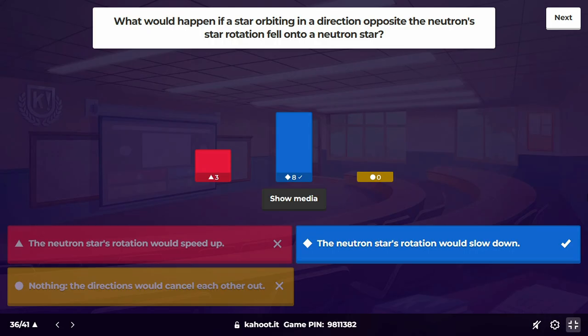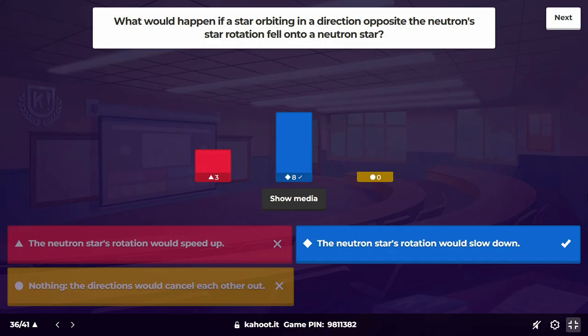So if it's going in the opposite direction as the spin, then it'll slow down the rotation of the neutron star. So this was the same principle that worked when we were talking about navigating through the solar system, and we talked about gravity boosts.